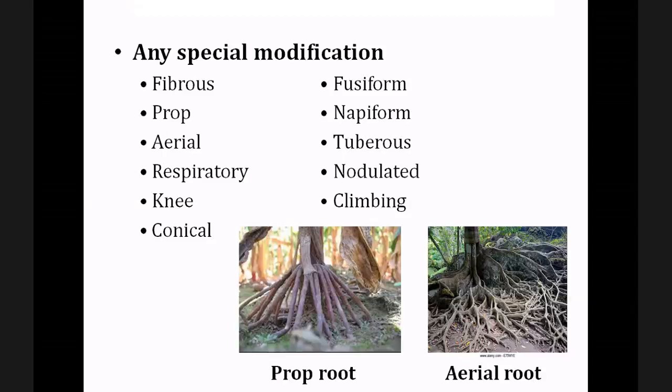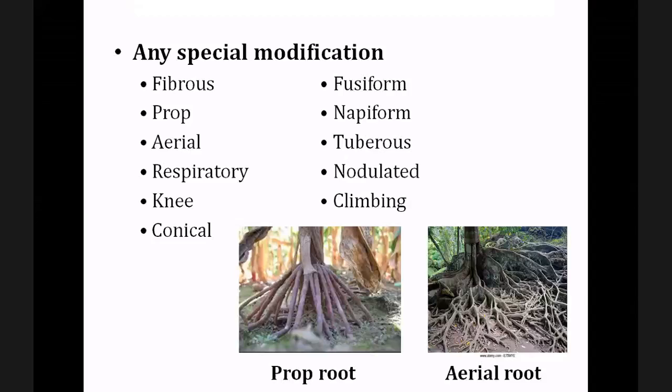The function of this root, commonly, is that they anchor the plant on the ground and they are affixing. Affixing means they are sticking the plant to the support. And in some plants, these aerial roots absorb moisture and nutrients from the environment.